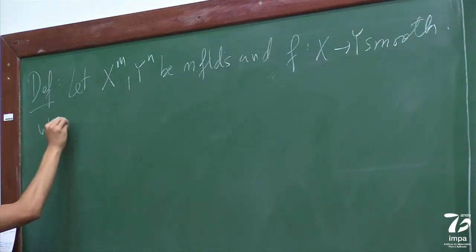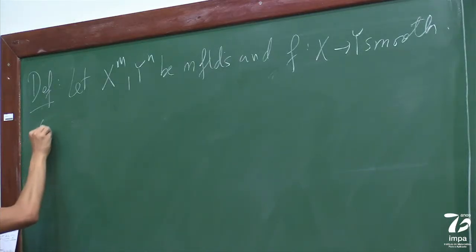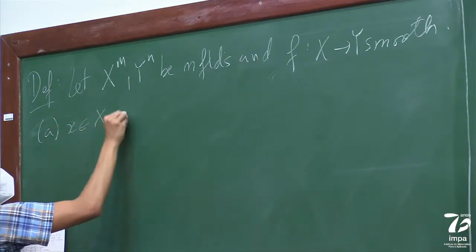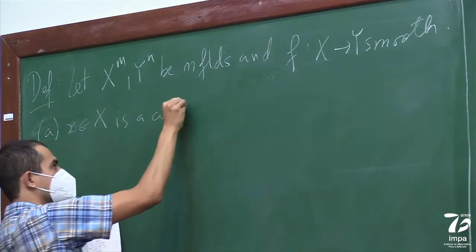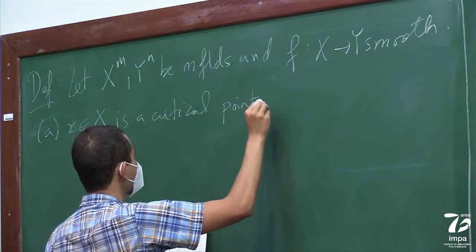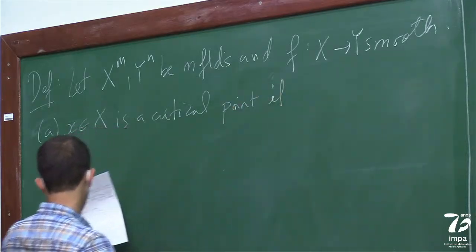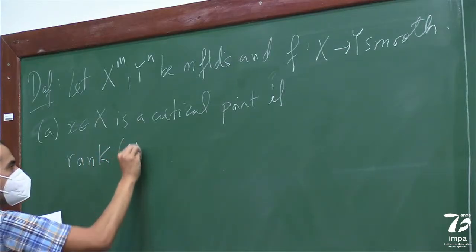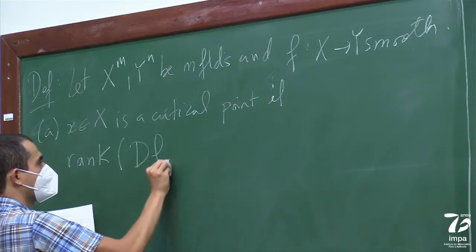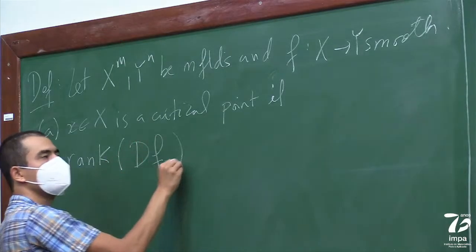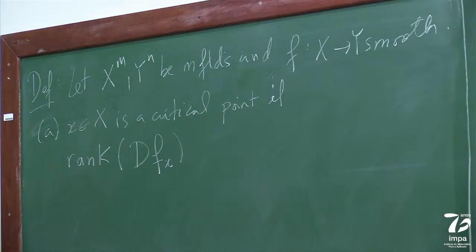We say that x in X is a critical point if the rank of the derivative of f at the point x is not maximum. So what's the maximum rank?